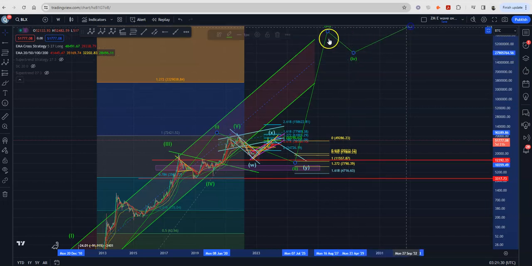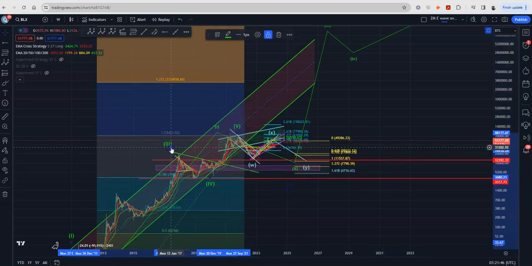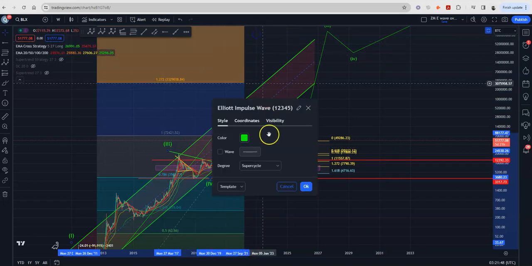And what is this? This is the submillennium wave. And technically speaking, this is a super cycle. This is a cycle.